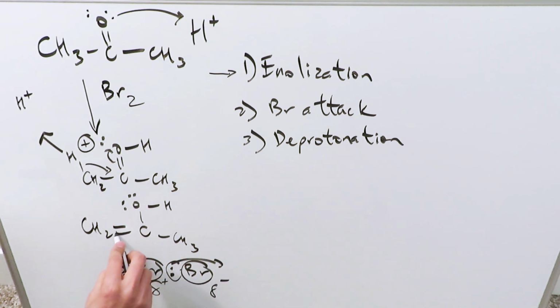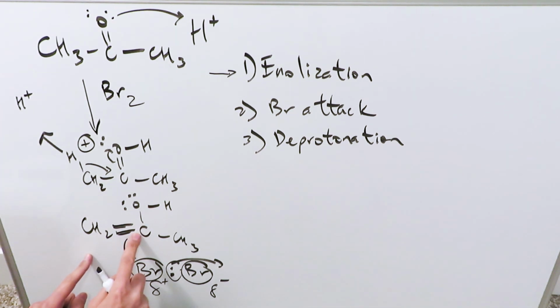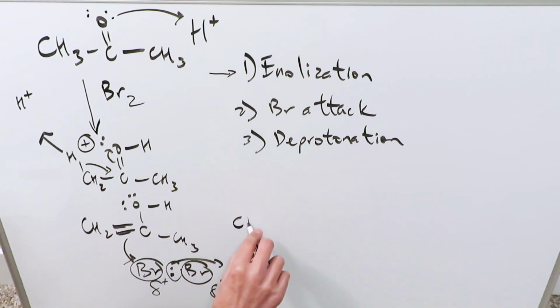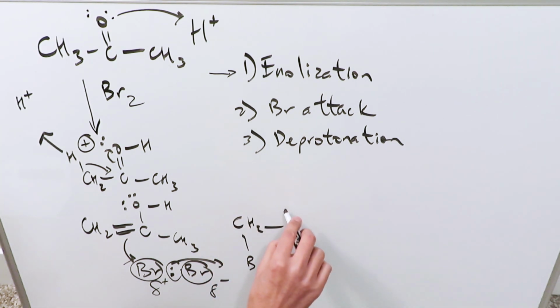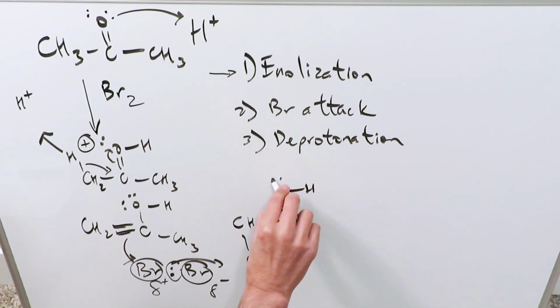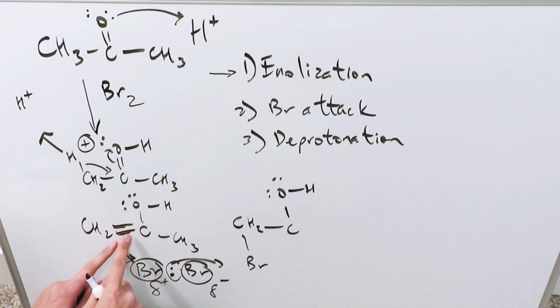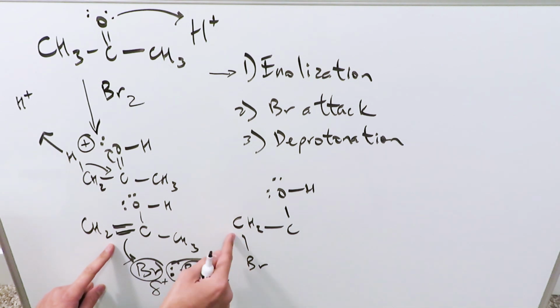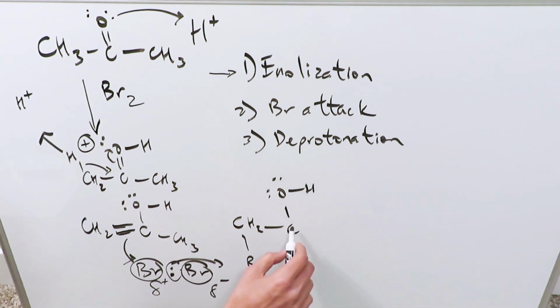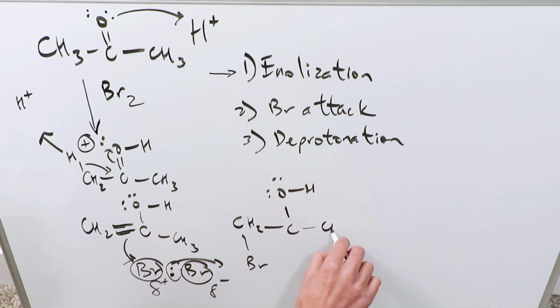The pi electrons from this double bond, which has a sigma bond and a pi bond, will search out this electrophilic bromine, and 2 of these electrons from this double bond will generate a carbon-bromine bond, and you'll end up with this CH2 and you've developed a bromine bond, and you still have everything else as you see it, as I'm showing you right over here. Remember, you had a double bond, the pi bond electrons have generated the carbon-bromine bond, and everything else will exist as you are seeing it.